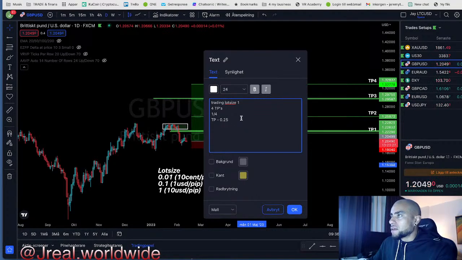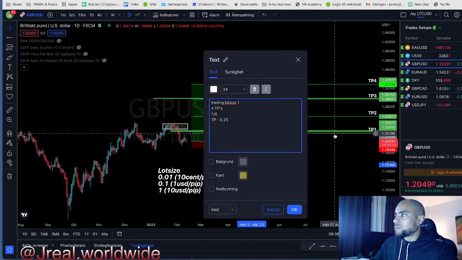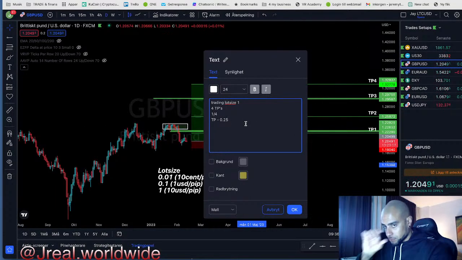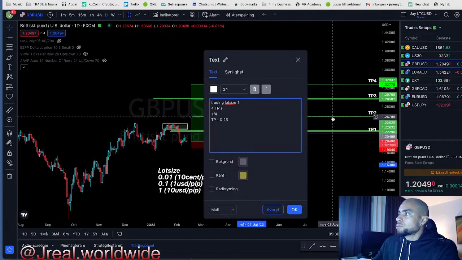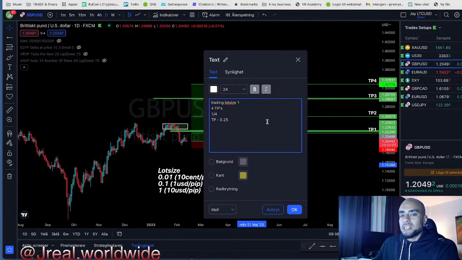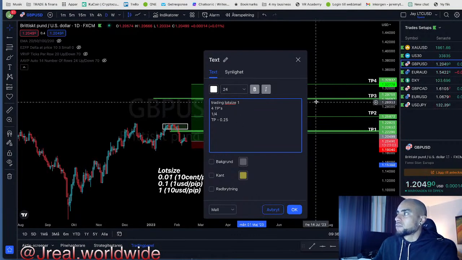So first trade, you put the stop loss in, and you put take profit 1 into the take profit box in your MetaTrader, and you put 0.25 as lot size. Your TP2, you put the TP2 numbers in the TP box, and you have 0.25.